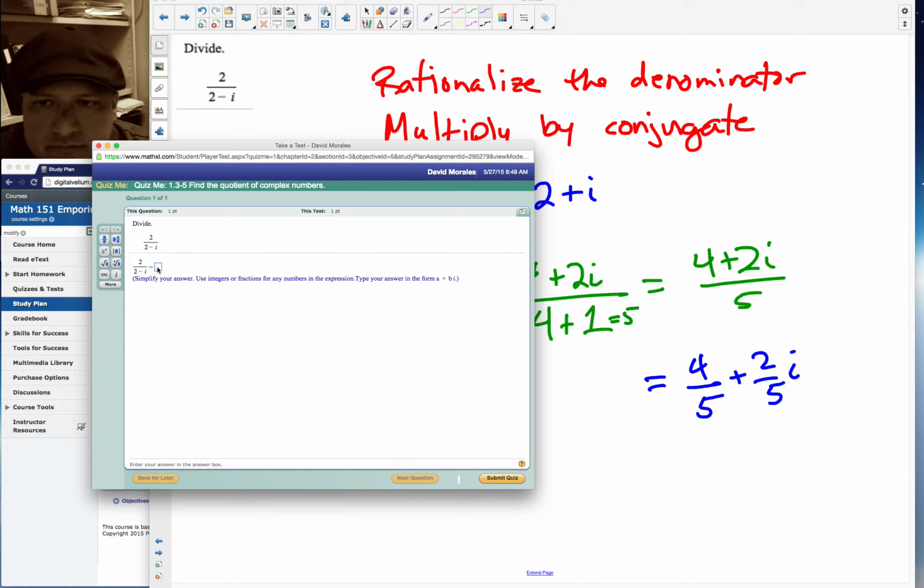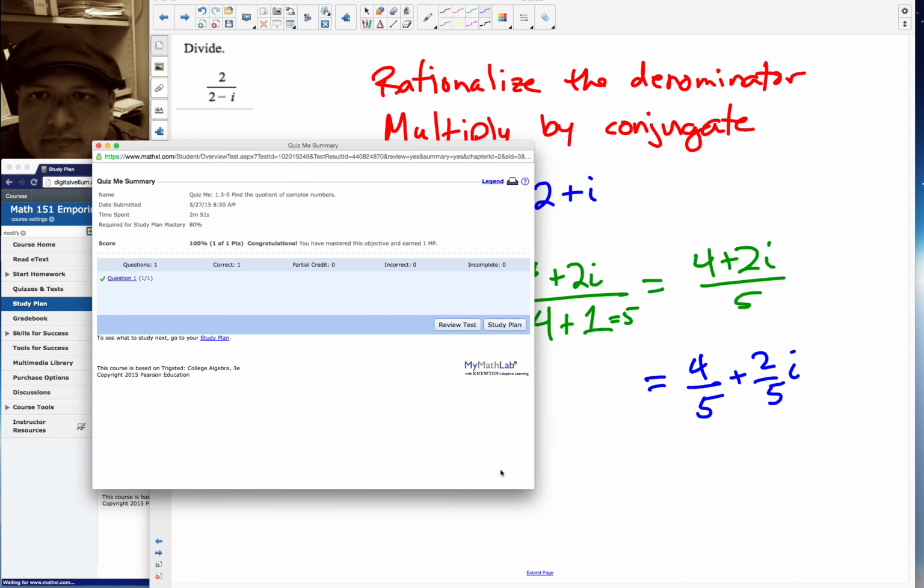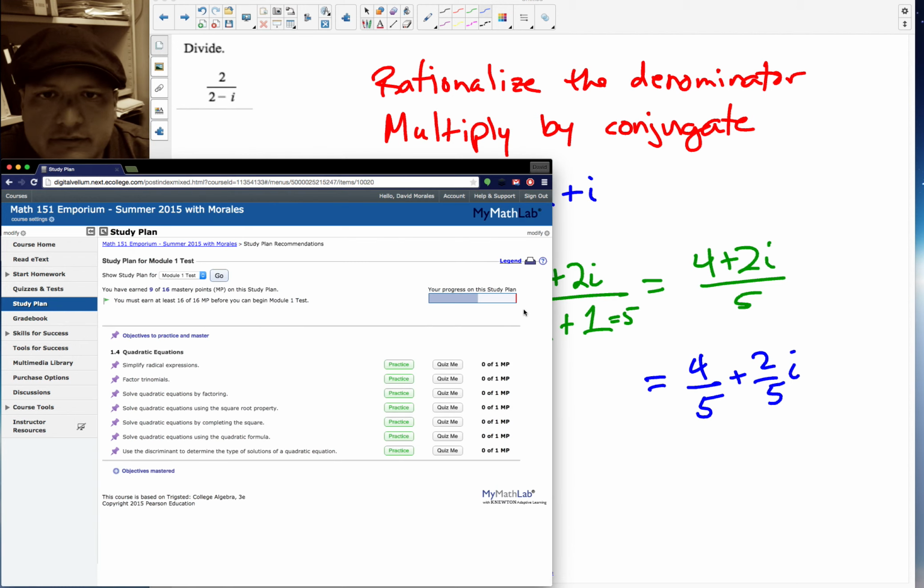So 4/5 plus 2/5 i. And there we have it. Now we're done with 1.3.